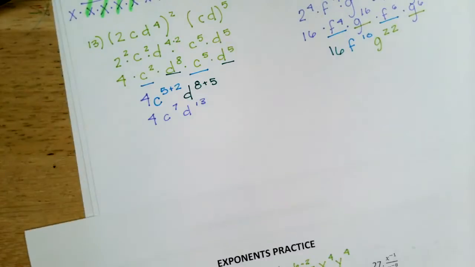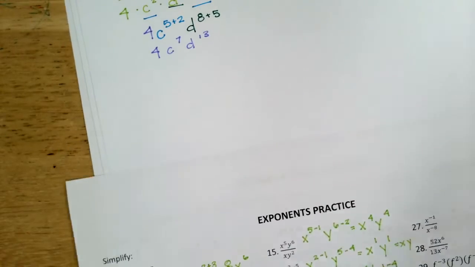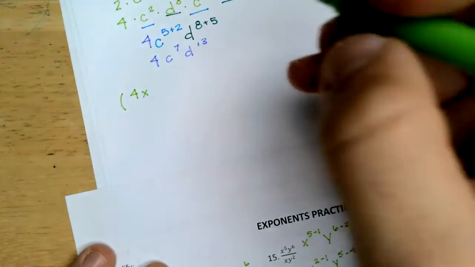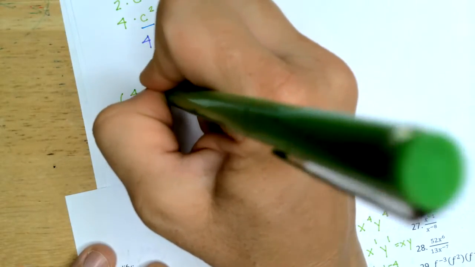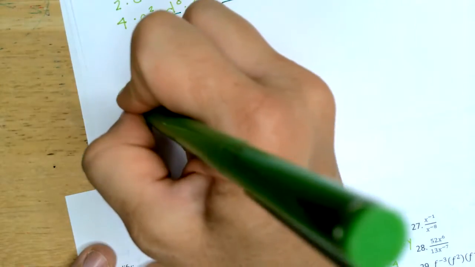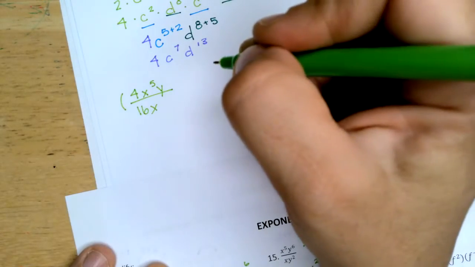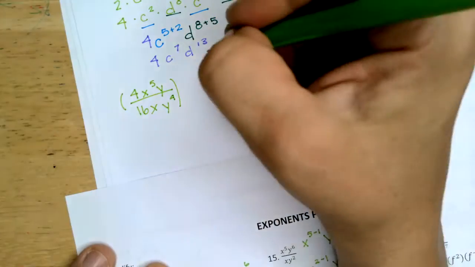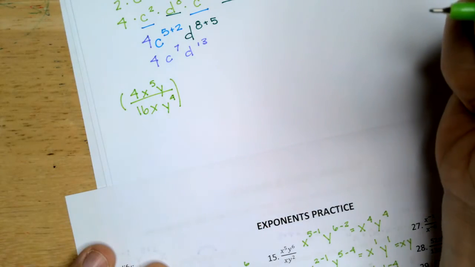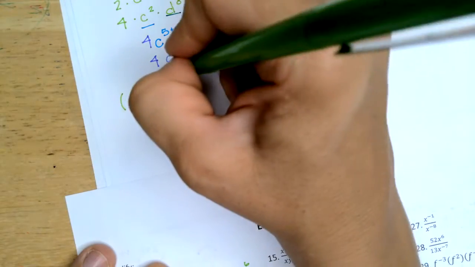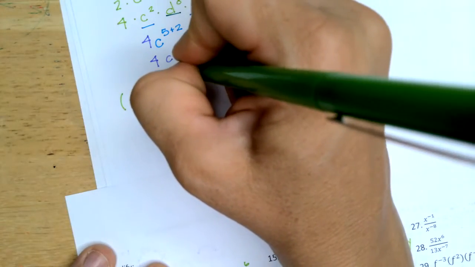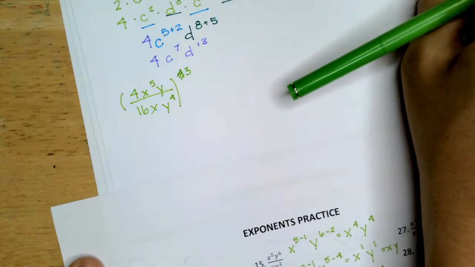I need to write this somewhere else. I already have space. So we had 4x to the 5th y over 16x y to the 4th, and we're going to take all of that to the 4th power. No, sorry, the 3rd power. Good.